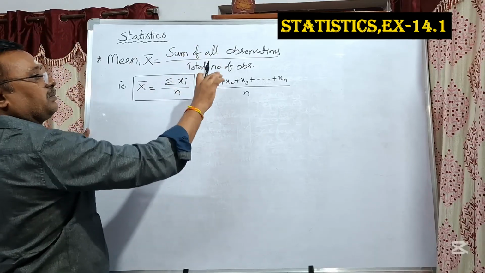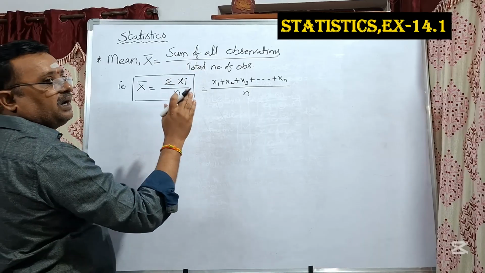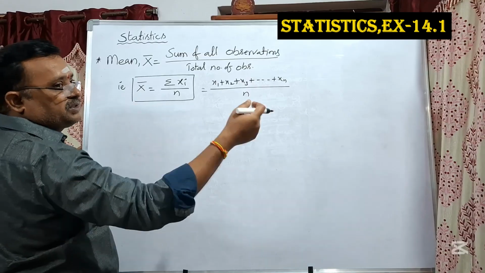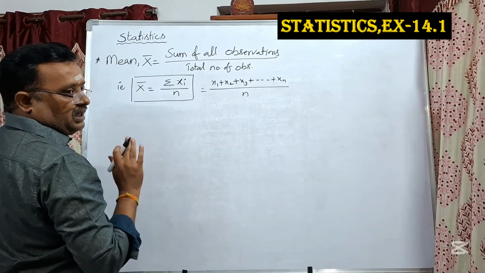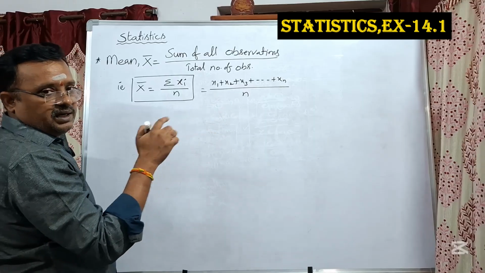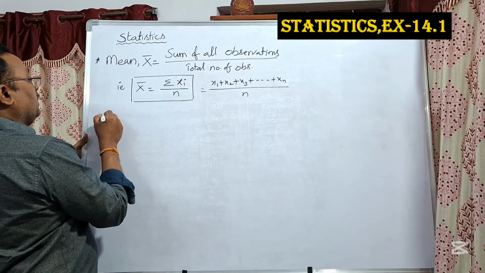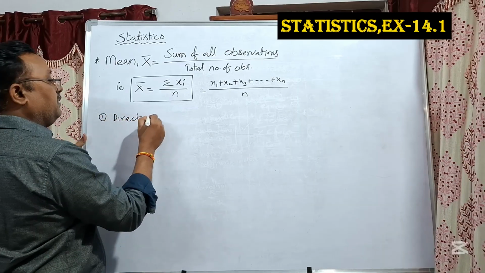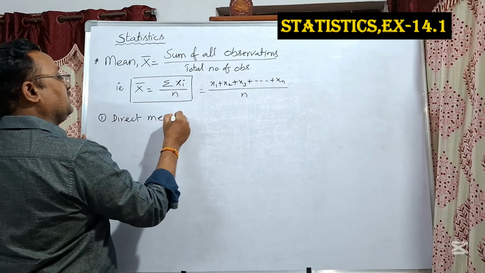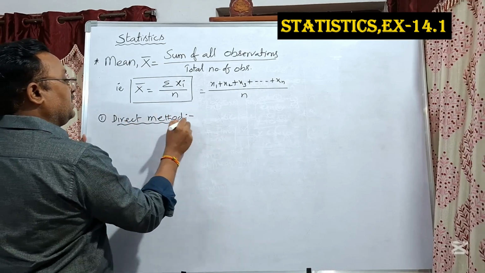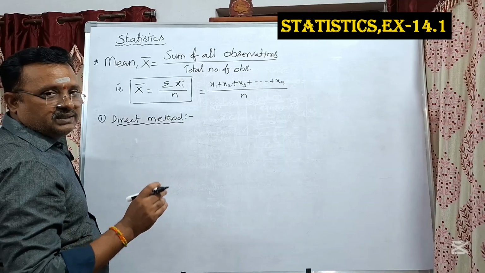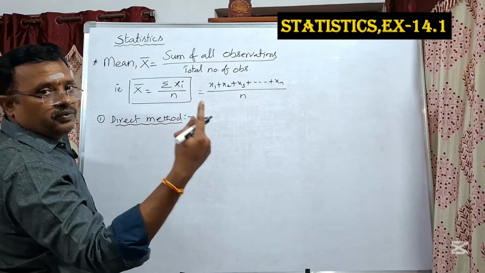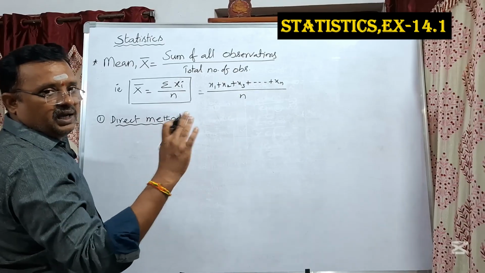Now this formula based upon ungrouped data will be developed for the grouped frequency distribution table according to the 10th class syllabus. There are 3 procedures, as I already told you. The first one is the direct method. In this, the grouped frequency distribution contains observations x1, x2, x3 and their respective frequencies f1, f2, f3 and so on.